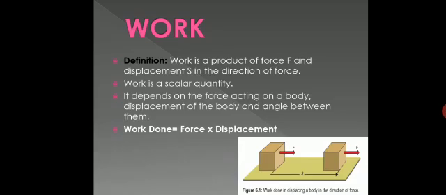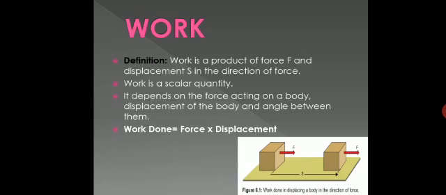Mathematically, work is the product of force and displacement in the direction of force. Thus, work done is equal to force multiplied by displacement. It means work depends upon the force and the displacement in the direction of the force.